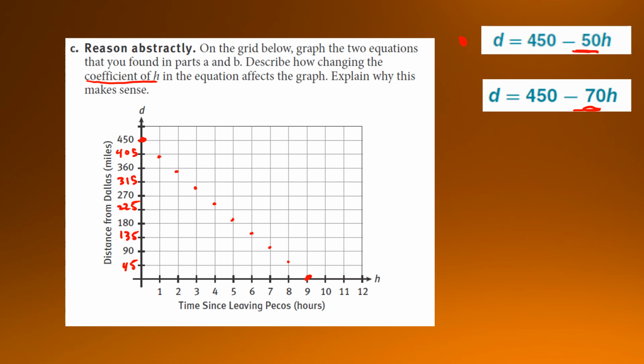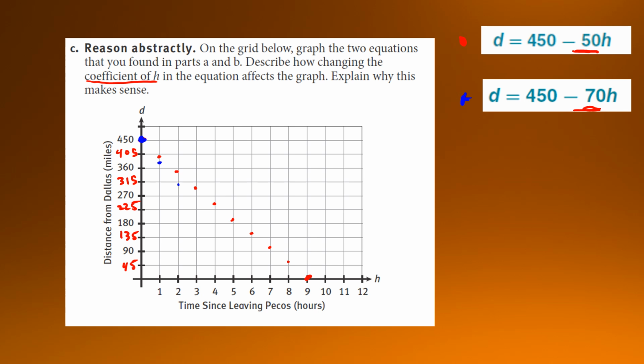So for the other equation, we're still starting at 450, but we're going down by 70. So that'll get me to 380. Let's see, this was 450, so this was 400, 370 would be a little lower, 380 I mean, a little lower. And then minus 70 would be 310, about here, and then minus 70.